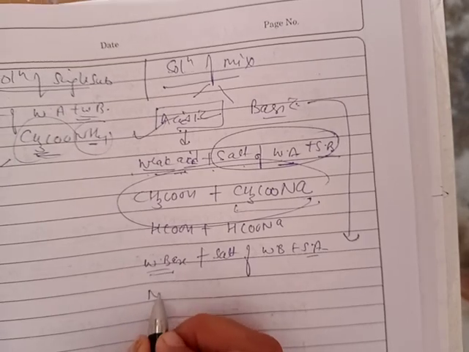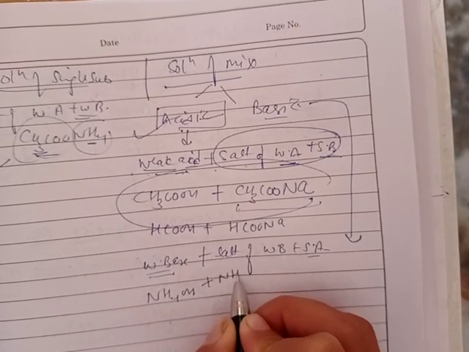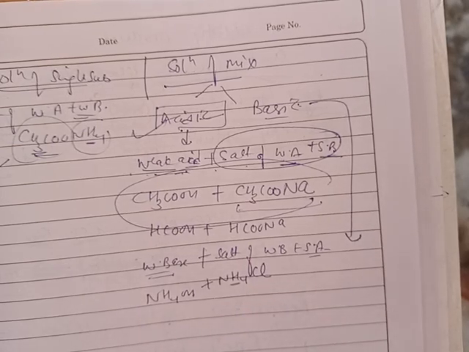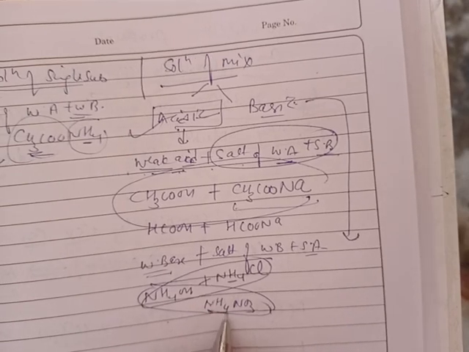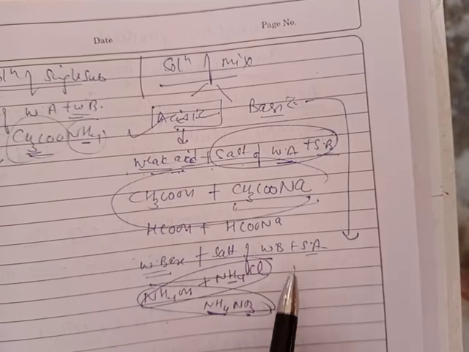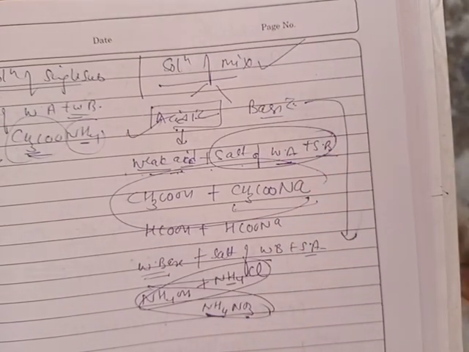Suppose the weak base taken here is ammonium hydroxide, mixed with the salt of the weak base, ammonium chloride, where the strong acid is HCl. And second is ammonium nitrate. In this case ammonium hydroxide is a weak base and nitric acid is a strong acid. It will act as a solution of a mixture, also called a buffer solution.